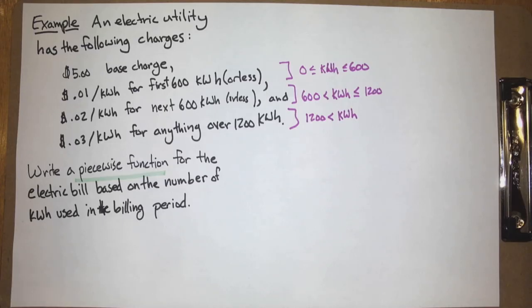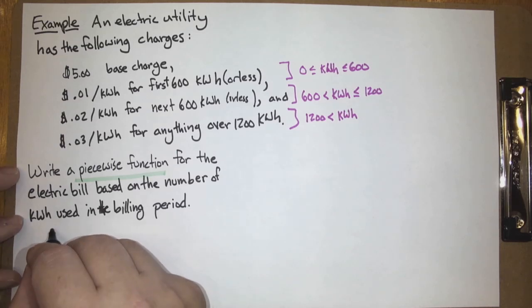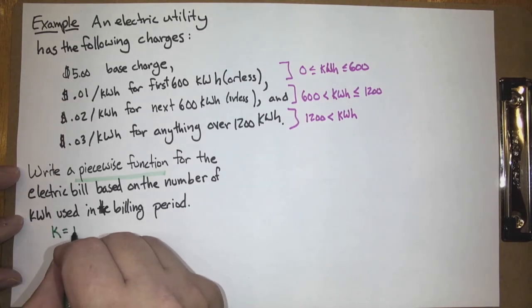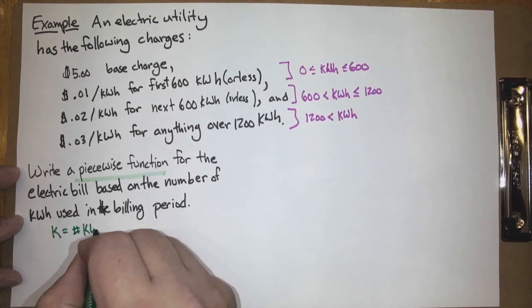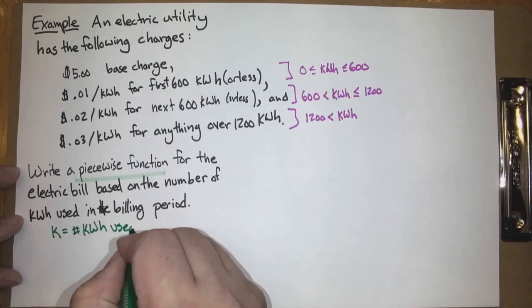There's not a wrong answer, it's just we're making a choice. We can use K. A lot of people use X, but why not? Okay, so K will be the number of kilowatt hours used in our billing period.